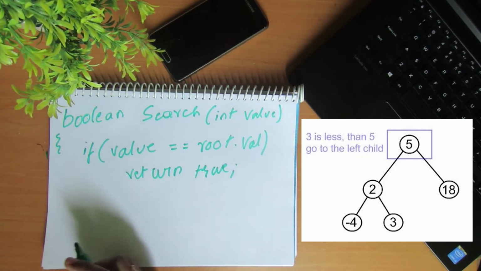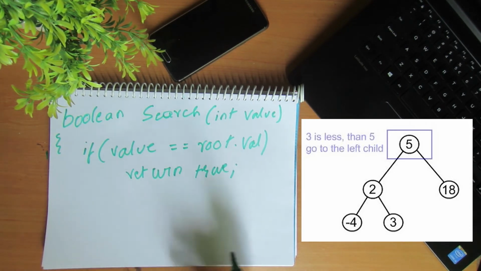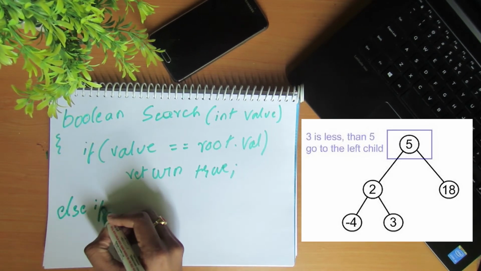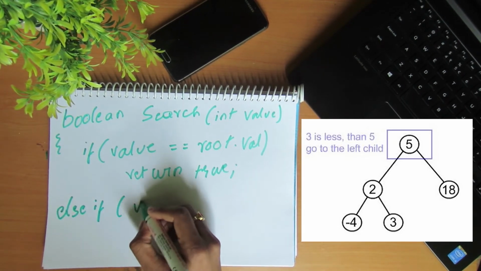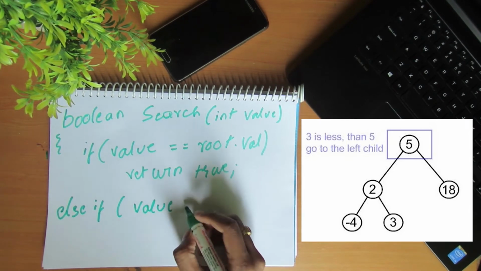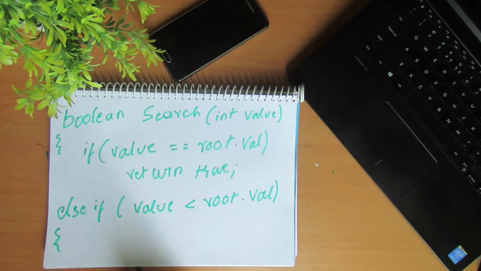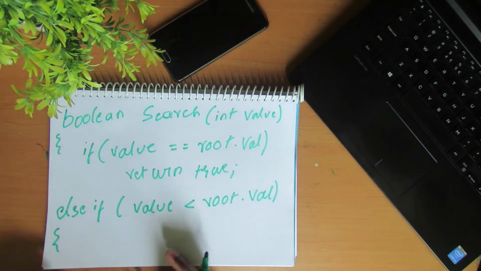But if not, we have to check if it is lesser or greater. So else if the key value is lesser than the root's value, we have to search on the left subtree.